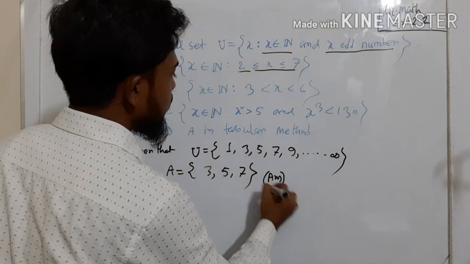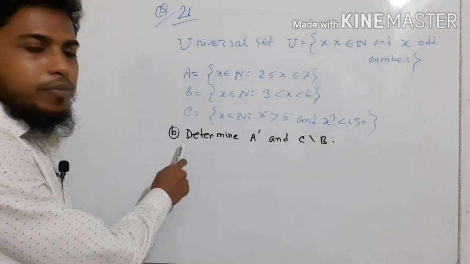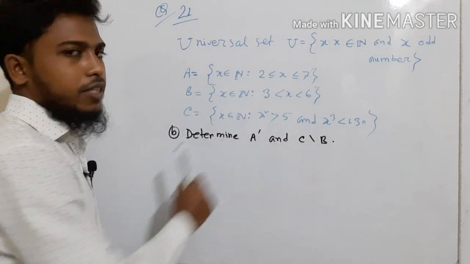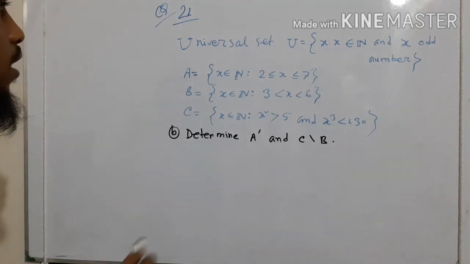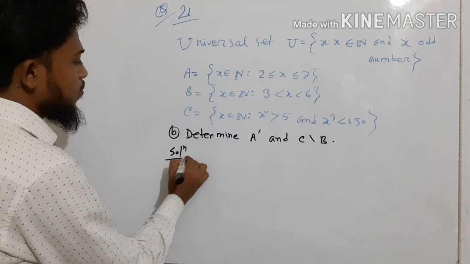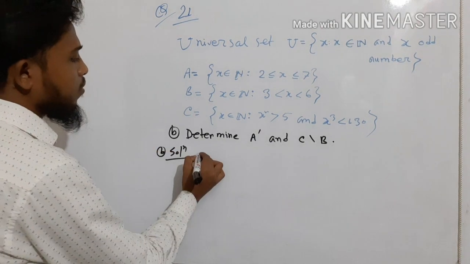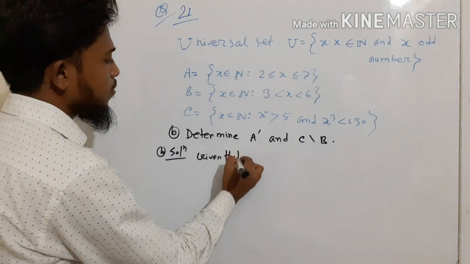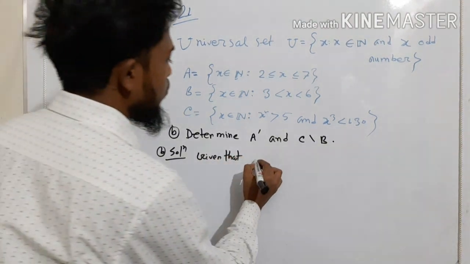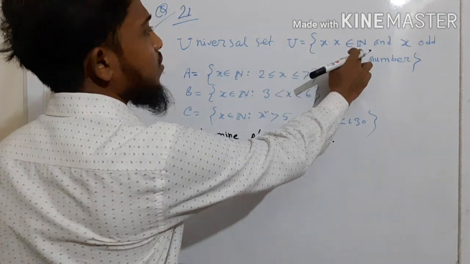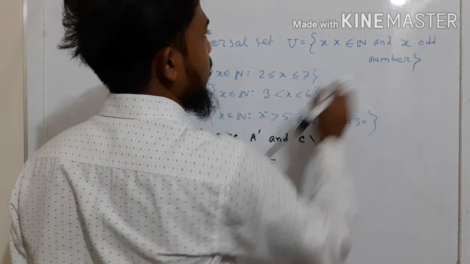Part B, determine A complement and C minus B. Now our given value, given that U equal to x is a natural number and x is an odd natural number.